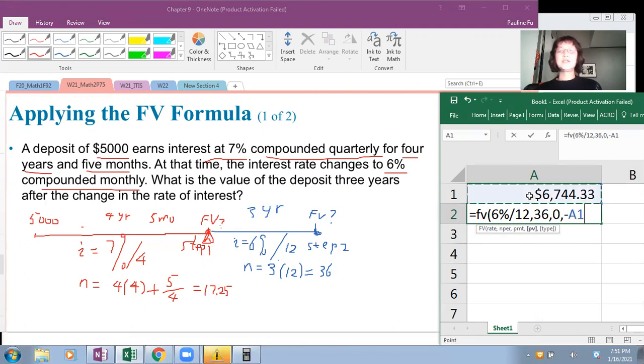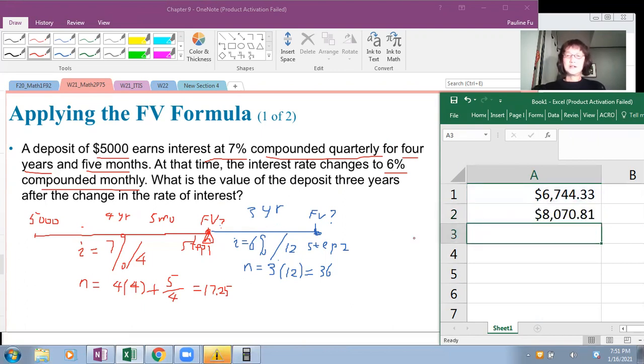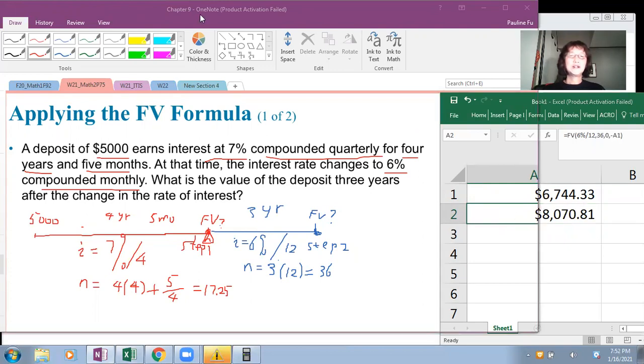So 6,744 becomes present value during this 3-year period. Okay, that's it. So we get step 2. This is the final answer.